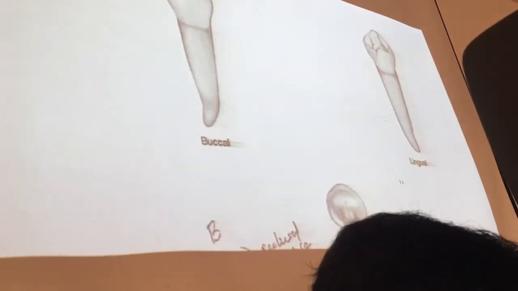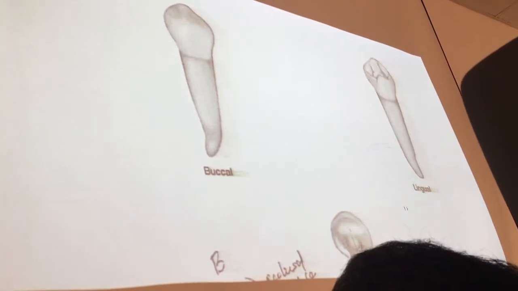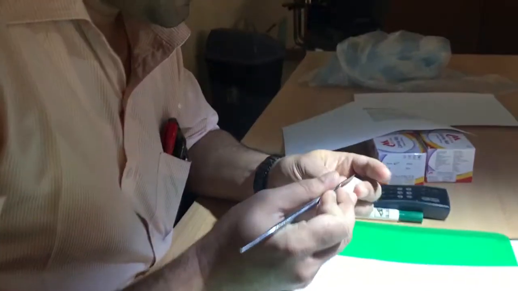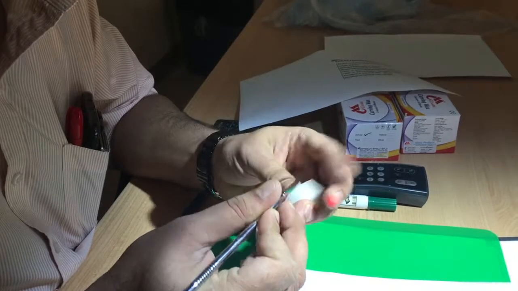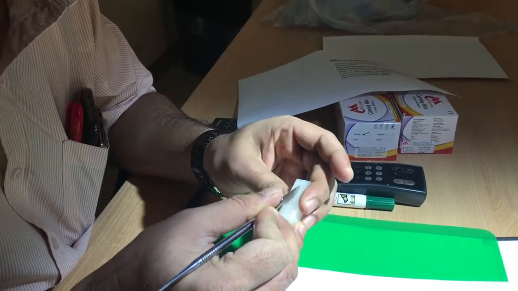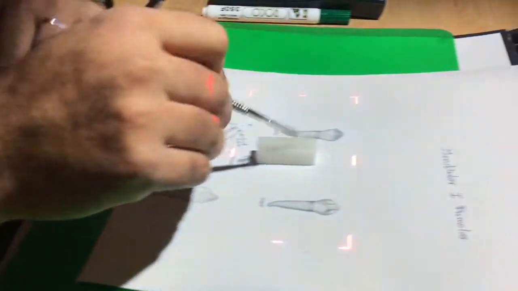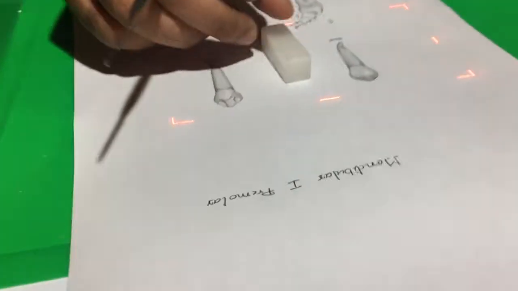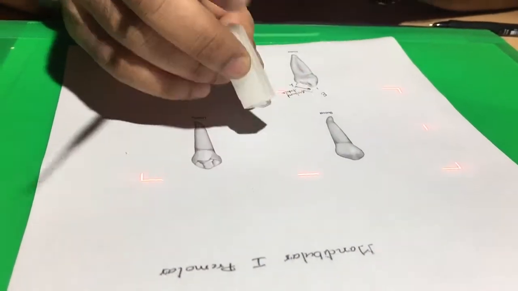So I'm not showing the initial part, what you are supposed to do. Now I have divided the wax block sides into two equal halves on each side and four equal halves on the ends.